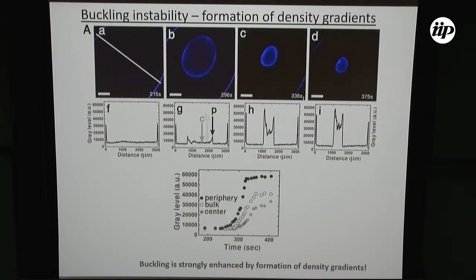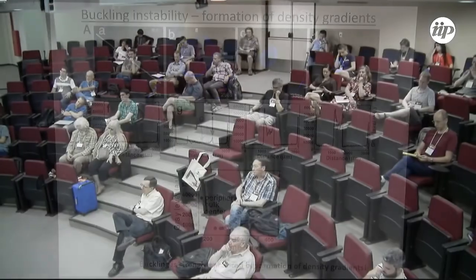So as I said before, one of the things that we realized is that in order to generate this buckling instability, the density gradients that form in the periphery persist. This is the first thing. The second thing that we also realize, if you take a look at this plot, is that there are three places, here, here, and here.